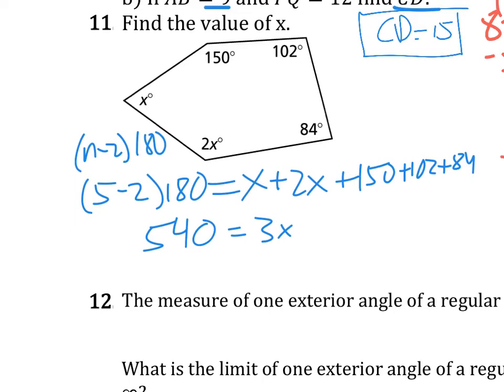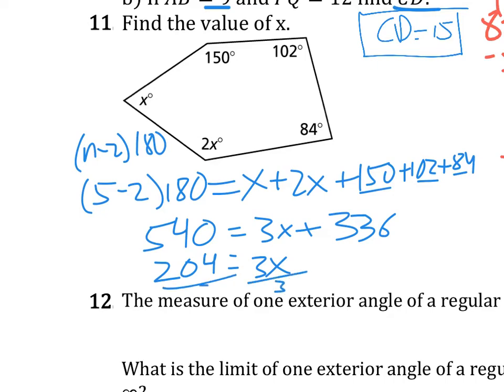And so we got 3x plus, what do we got? 252, 256, and that would be 336. I think that's right there. So if we subtract from both sides, 540 minus 336 is going to be 204.